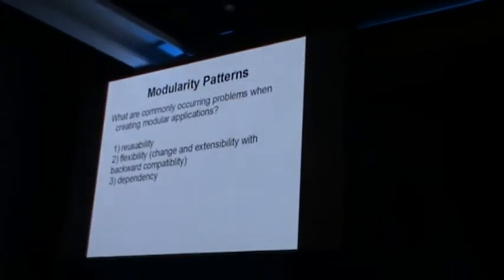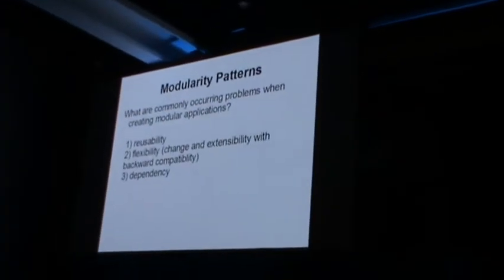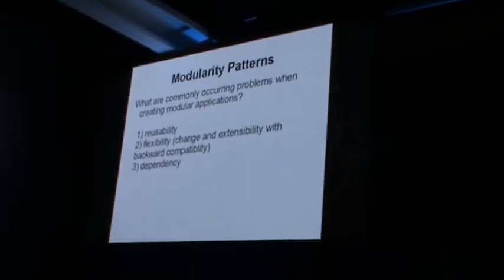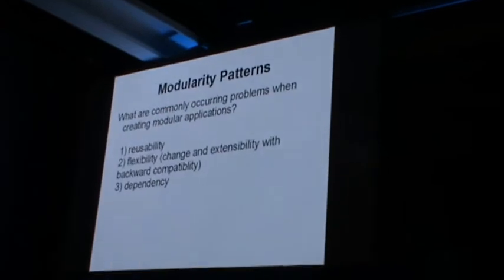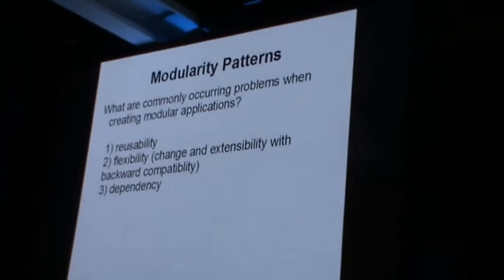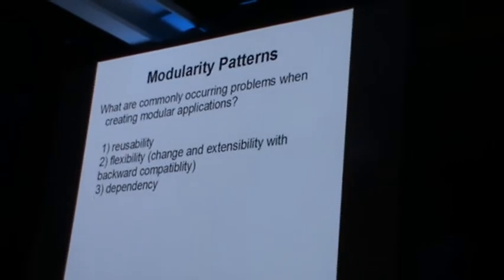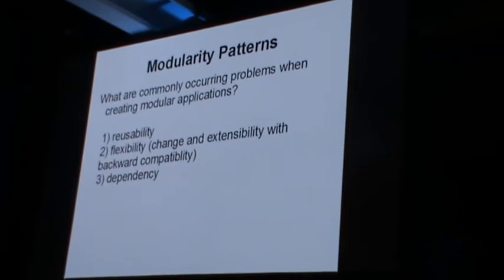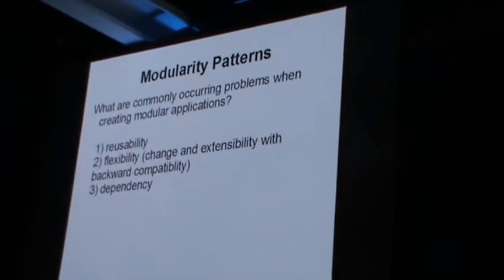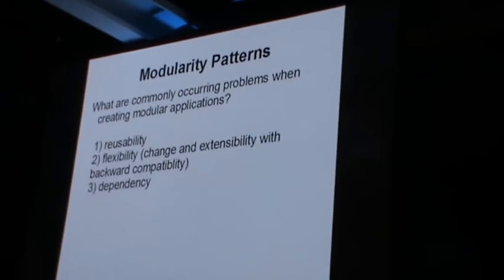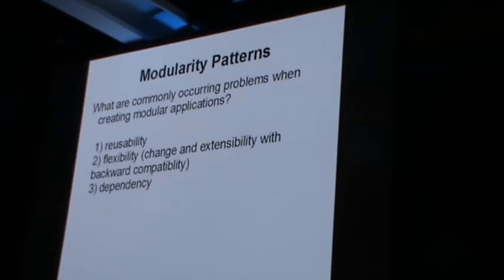So, what are the commonly occurring problems when creating modular applications? Well, we always want to make our design reusable, so we don't have to create the same things again and again. We want to make it flexible, so when the client requests a change, we can easily apply that change without changing too much code.